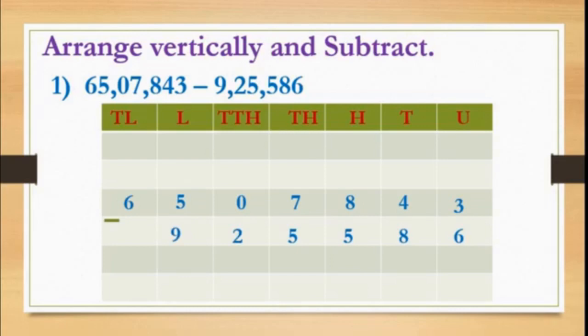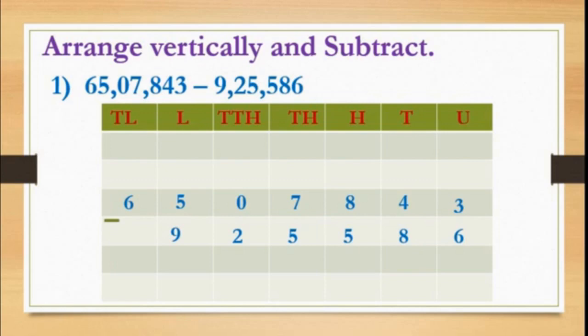Now we will start subtraction. Again we start from the units place. Now dear students, in the units place 3 is above and 6 is below. Means we have to subtract 6 from 3. Now is it possible? No, because 3 is a smaller number and 6 is a bigger number. Now what will we do?